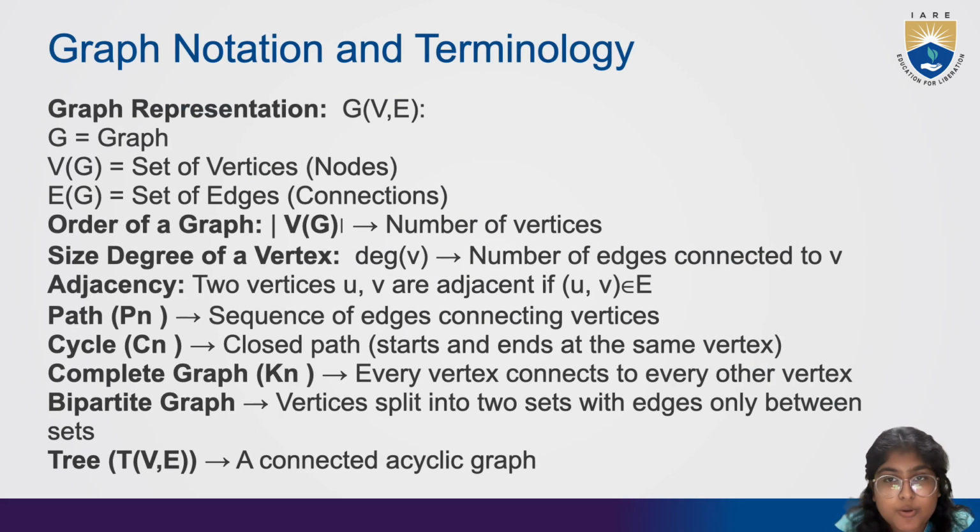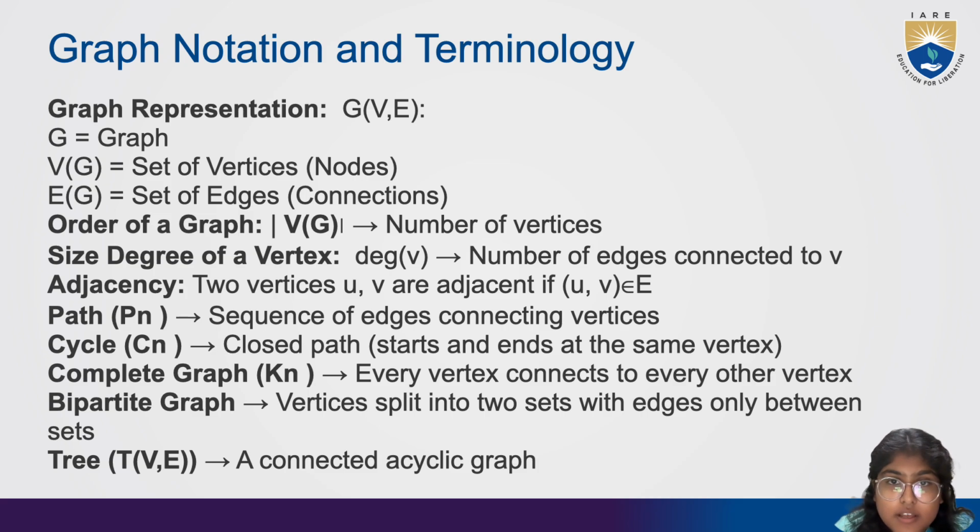Now, let us explore some essential notations used in graph theory. Graph representation. A graph is written as G of V, E, where V of G is a set of vertices and E of G represents the set of edges. Order and size.